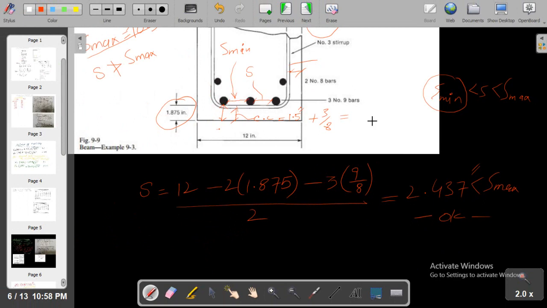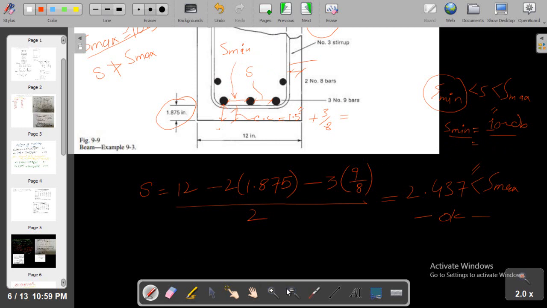For now I can simply say that according to ACI, S minimum is equal to 1 inch, or it must be equal to the diameter of the bar, or it must be equal to the maximum size of aggregate, so that the aggregate can pass through this space. This is the ACI criteria, but we will discuss in a coming part what the S minimum value should be.